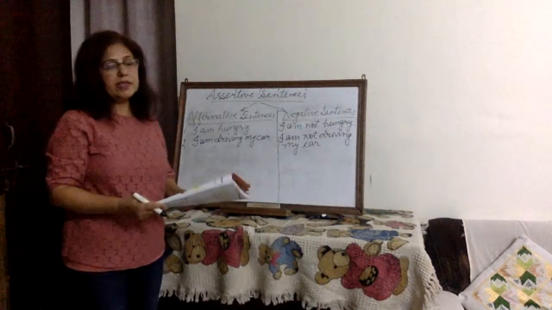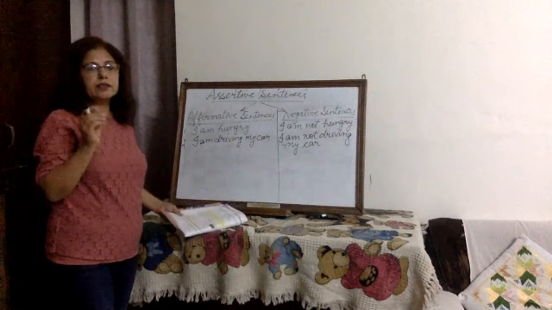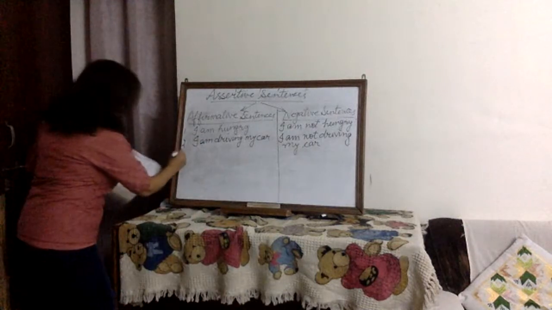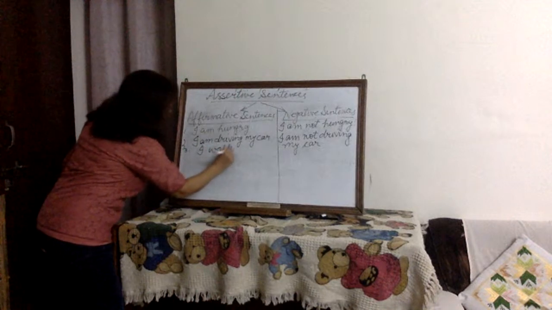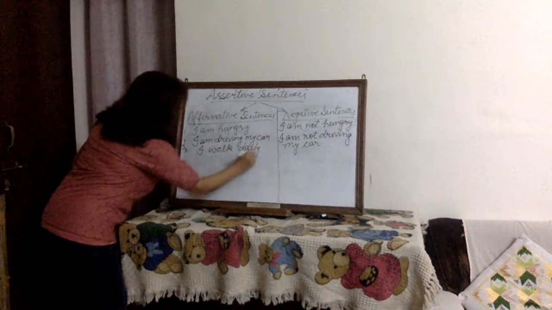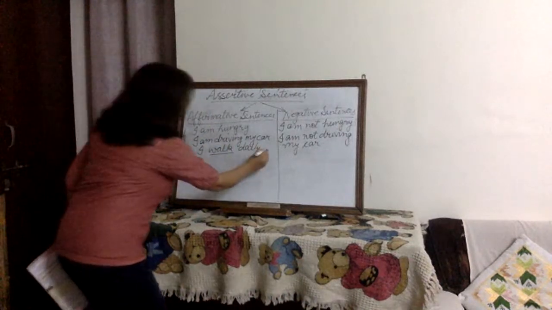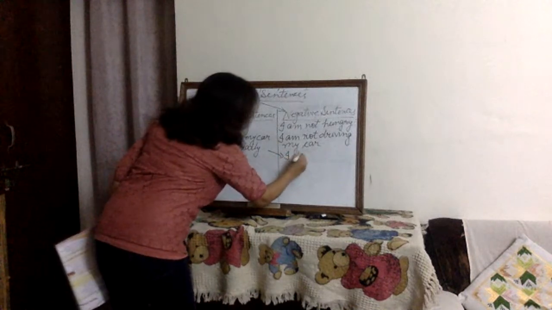Now, in simple present tense, we use does not and do not. Like, I walk daily. It is the first form of verb. So what will we use?